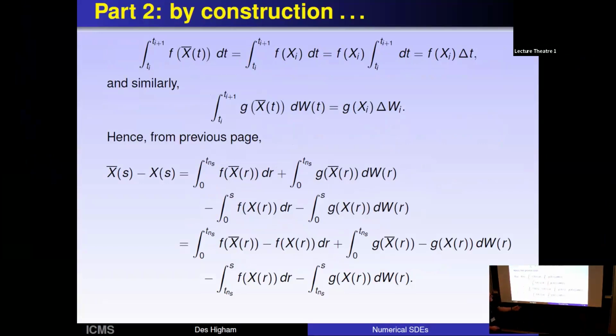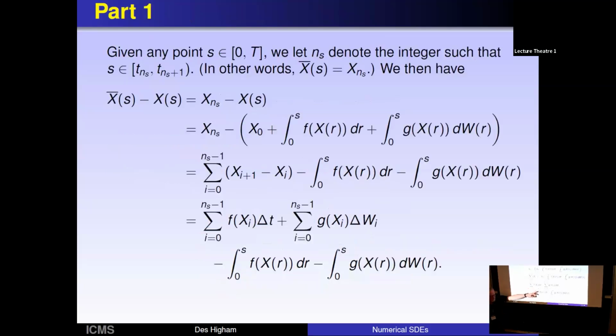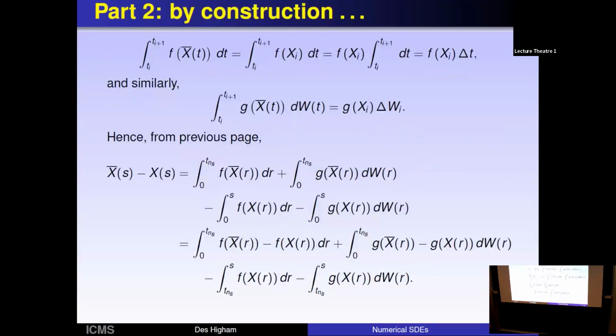So I can replace those sums, going back to show you, by the corresponding integrals of the step process. So now integrate the step process and take off what the true solution does.